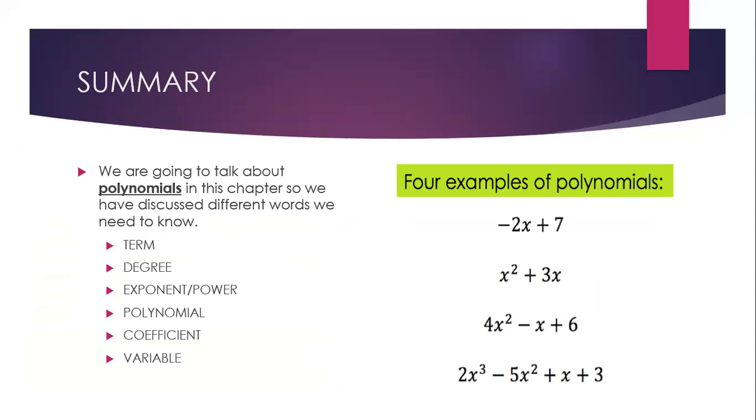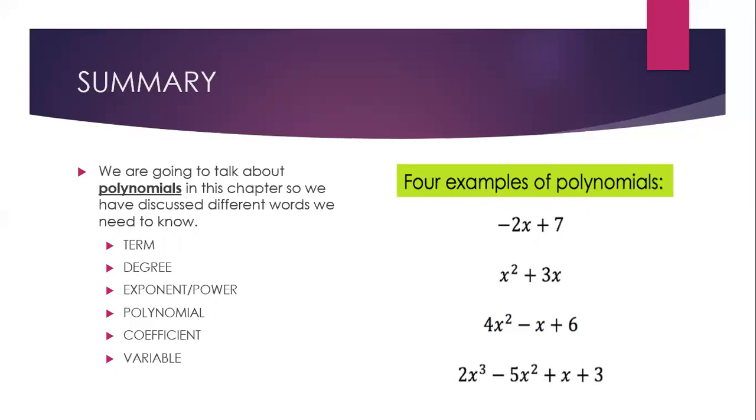So to summarize, we are going to talk about polynomials in this chapter. We have discussed different words we need to know. Things like terms, degree, exponent or power, polynomial, coefficient, and variable. We saw 4 examples of polynomials. They look very different from each other, but they all have the same thing in common, which is they are composed of letters and numbers.